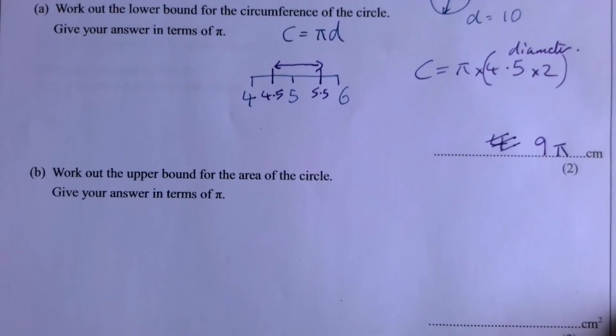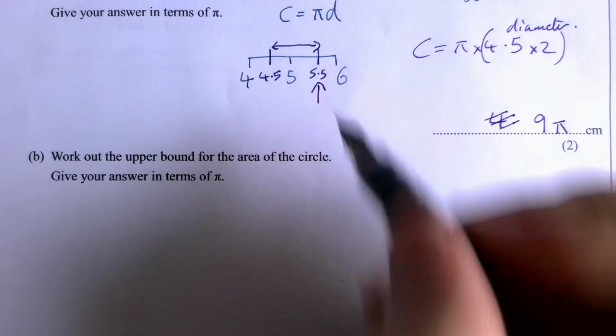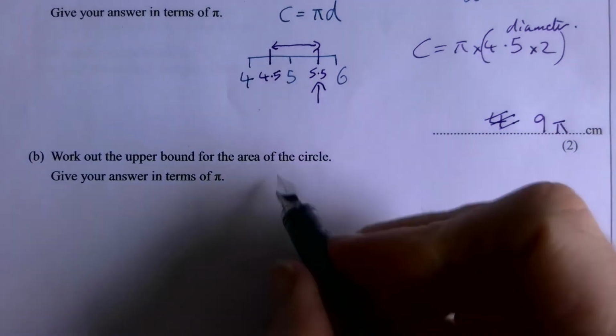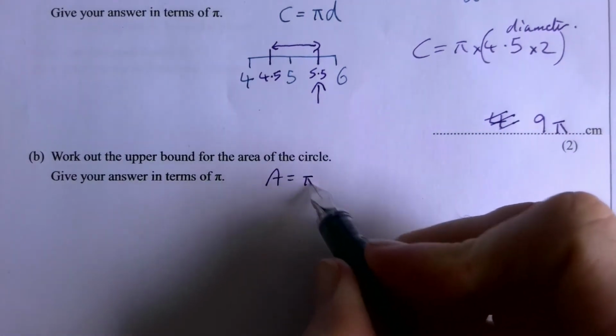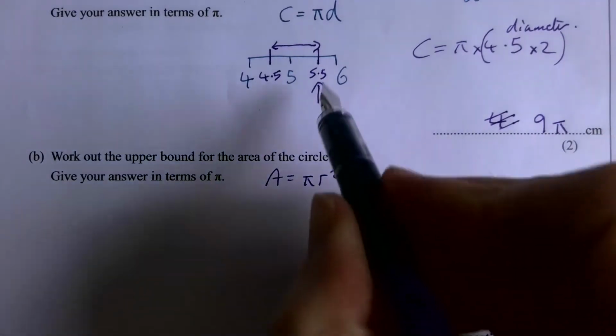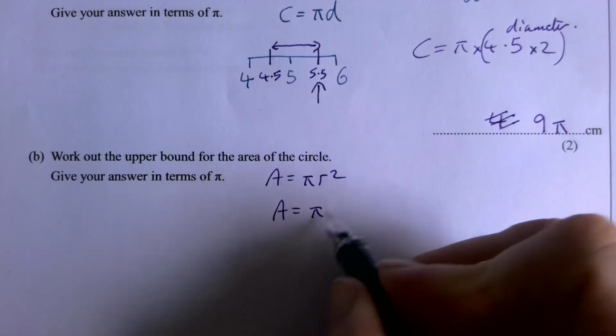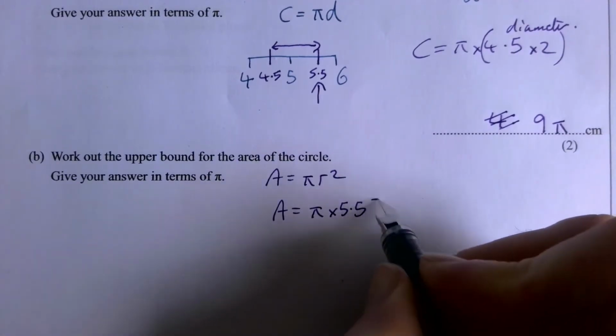And the upper bound for the area of the circle, well, the upper bound means we're going to be using 5.5. The area of a circle, hopefully we can all remember as being pi r squared, so the area is going to be pi times 5.5 squared.